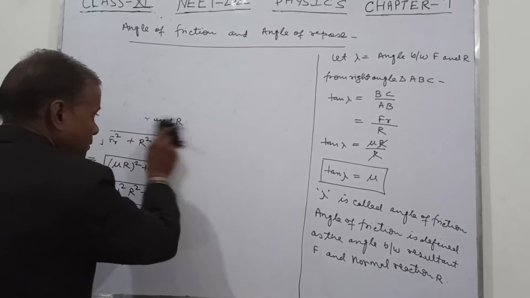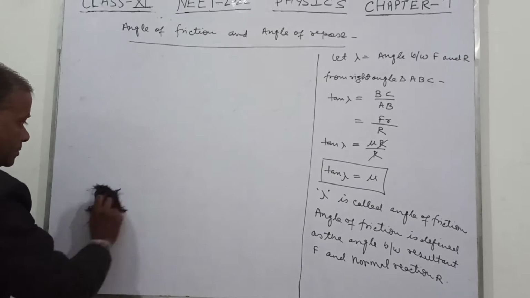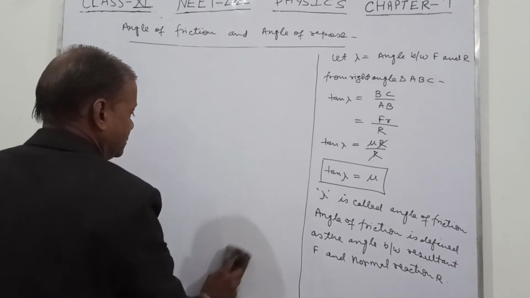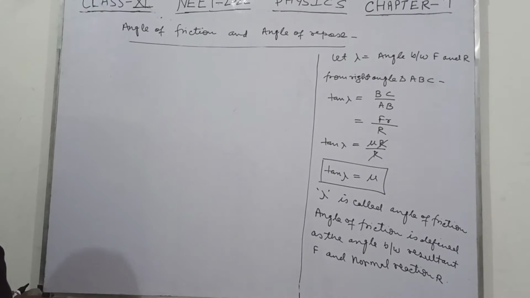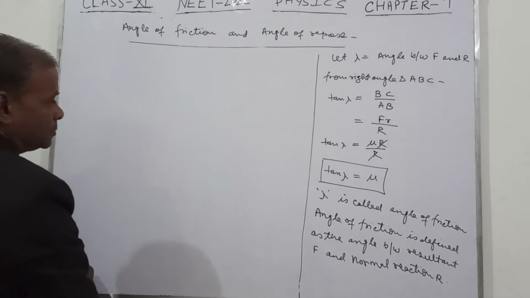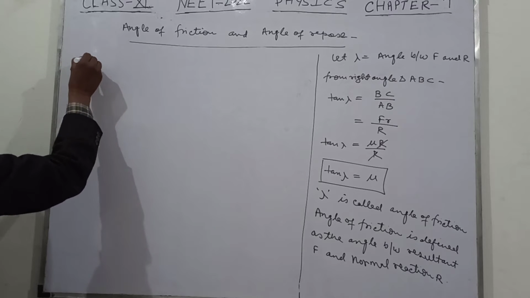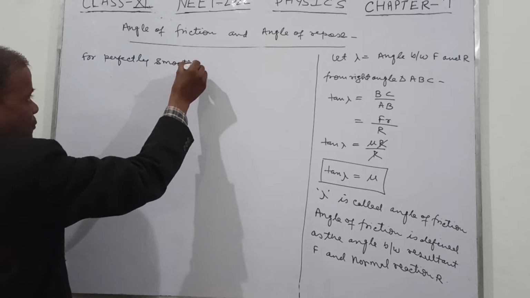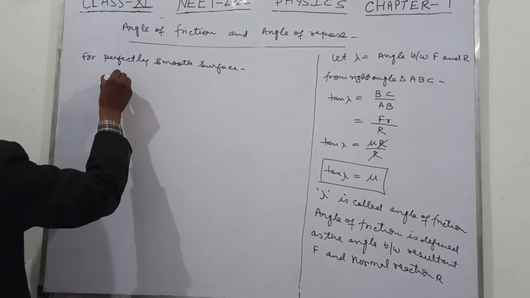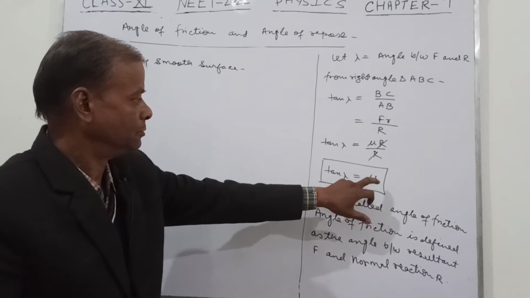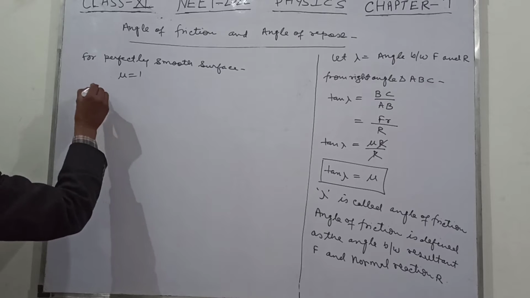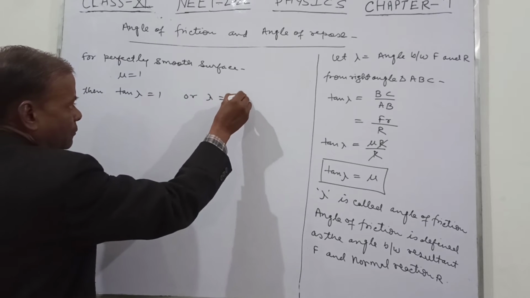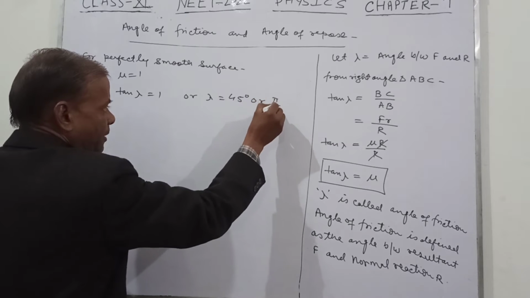For a perfectly smooth surface, mu is equal to 1, then tan lambda is equal to 1, or lambda equal to 45 degree or pi by 4 radian.